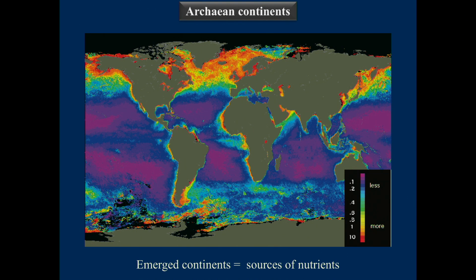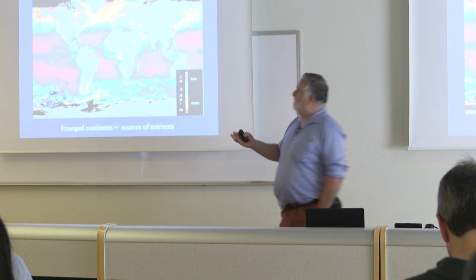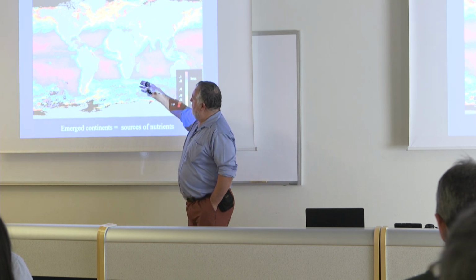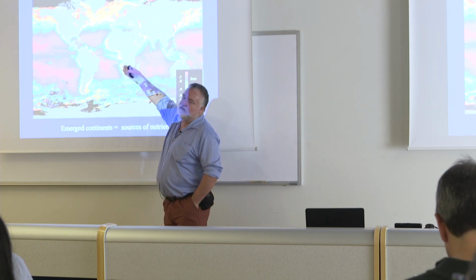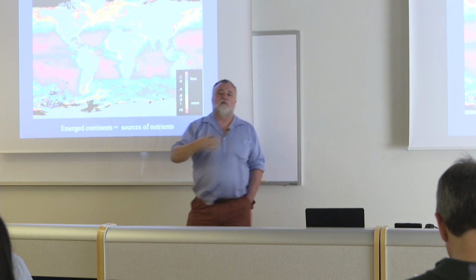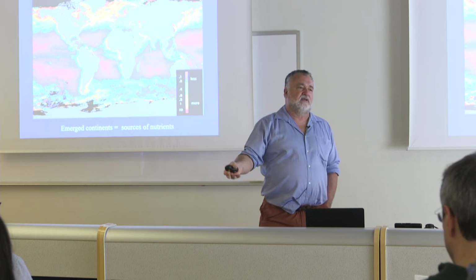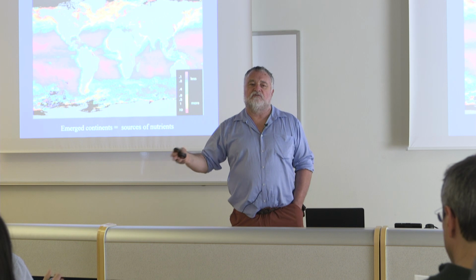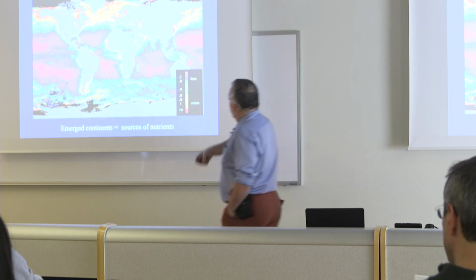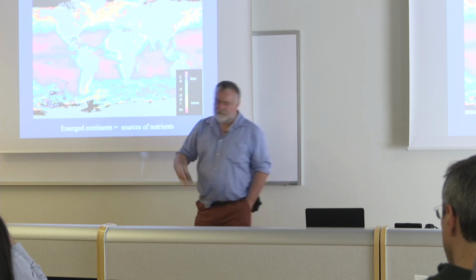We can see that most of the nutrients are located in the vicinity of continents and in cold water, just on the limit of the continents, and most of these nutrients are carried from the continent to the seawater. So the fact that we have emerged continents has some link with the amount of nutrients in the water. And of course, the amount of nutrients is linked to life, for at least its development. I don't know for its appearance, but for the development of life, this is something that can be important.